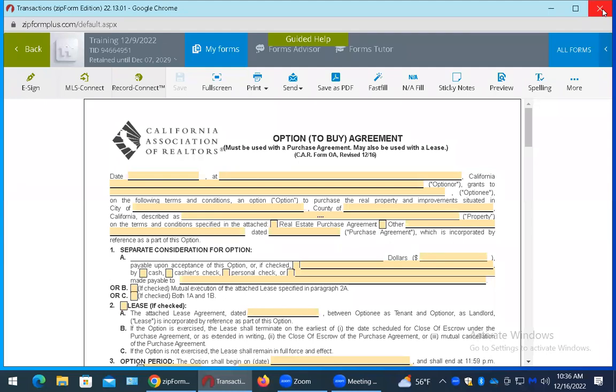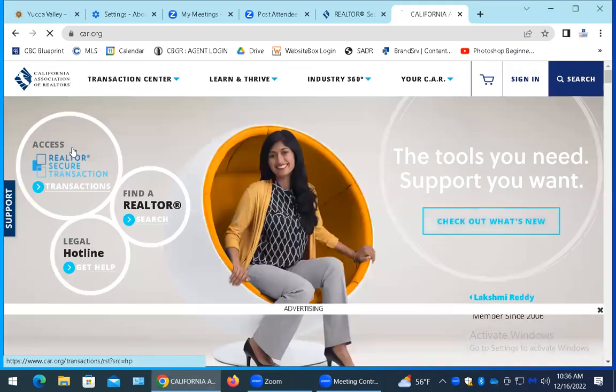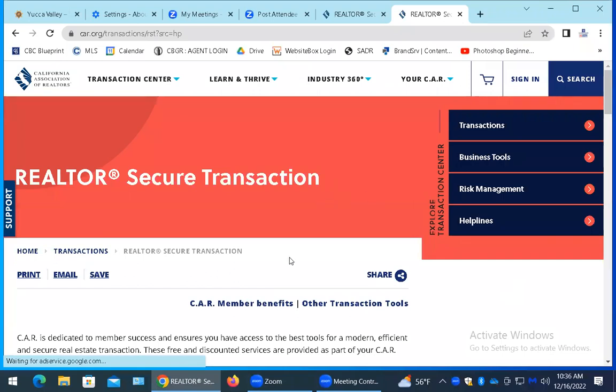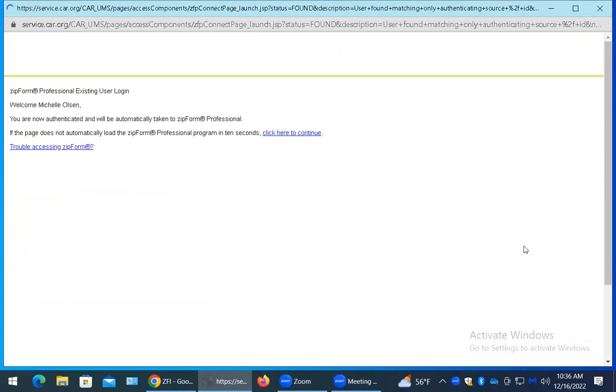Okay, I have a comment on the option to buy. If you're representing the buyer, be very cautious of advising him on the option to buy, and also if you're representing the seller, it's even more important to advise him of the pitfalls of the option to buy.